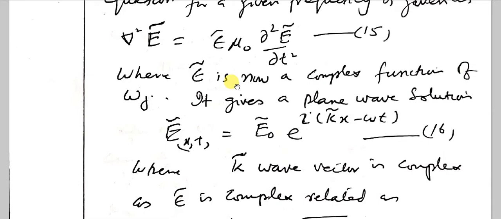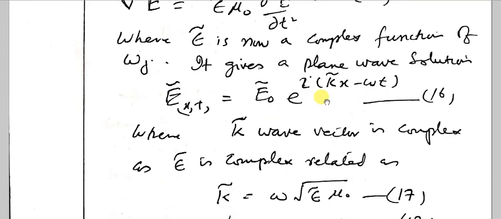As a function of omega_j, it gives a plane wave solution of the type E(x,t) propagating along x, equal to E naught, the complex amplitude, times e raised to the power i(kx minus omega t). Here k is again a wave vector, but in this case it is a complex wave vector, just as epsilon is complex.